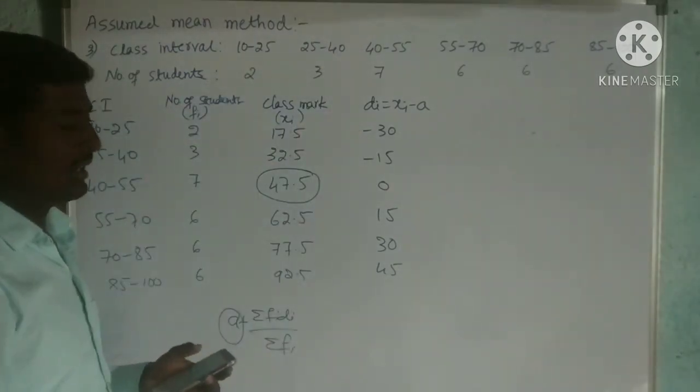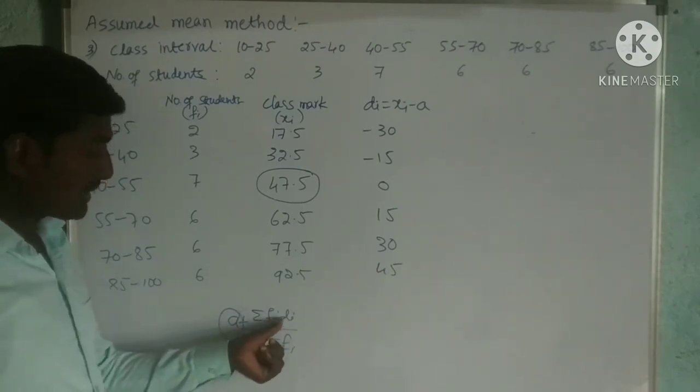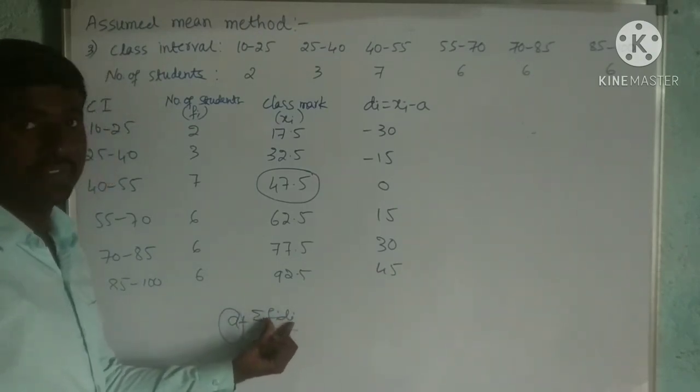In the formula, what do I want? I want fi di, the summation of fi di. Before that summation, I need fi into di.